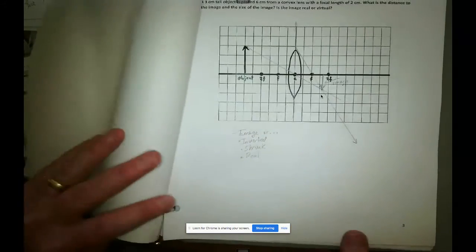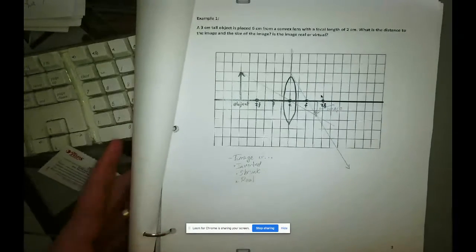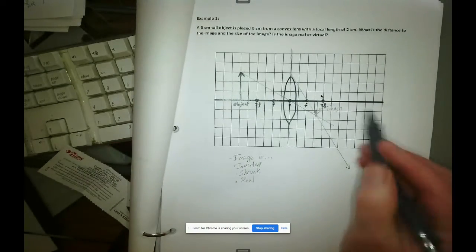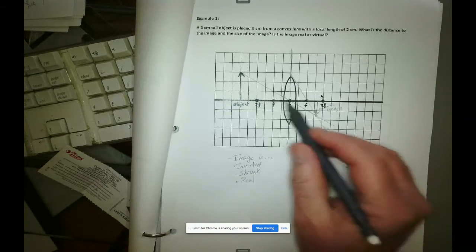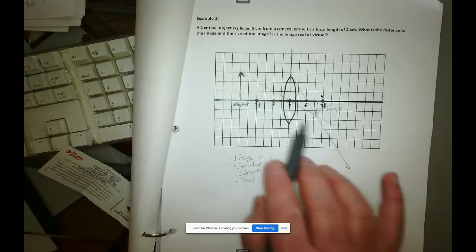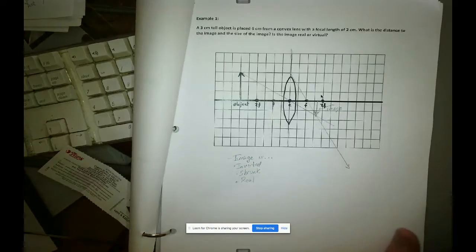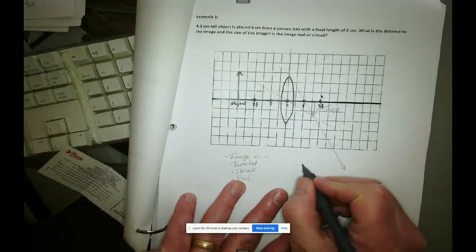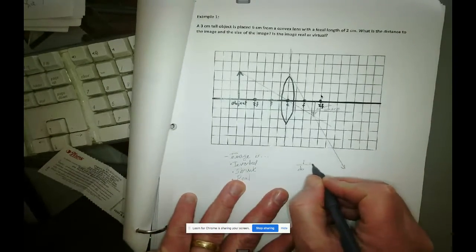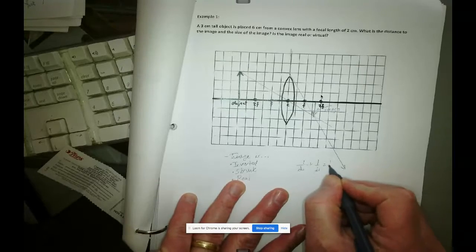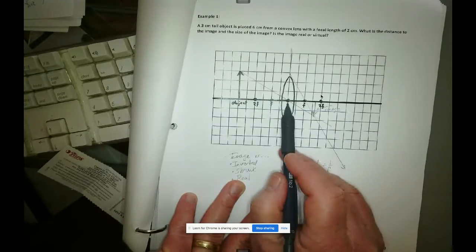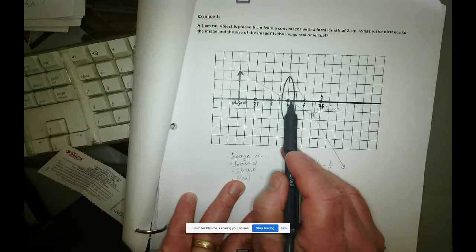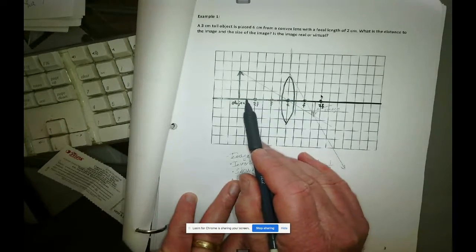So we're going to go back to each example, and we're going to do the math. And what we should find with the math is that the values we get for this image should match what we find when we do the ray diagrams. So we're going to start with 1 over dO plus 1 over di is 1 over f. Distance of the object from the center of the lens to the object is 1, 2, 3, 4, 5, 6.